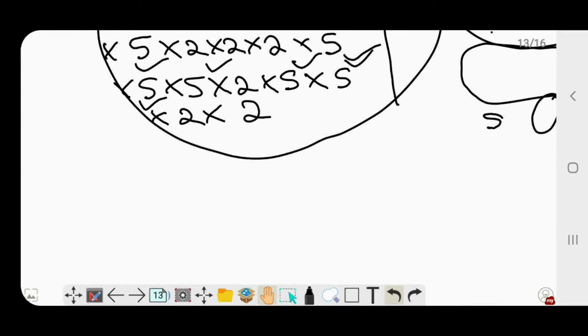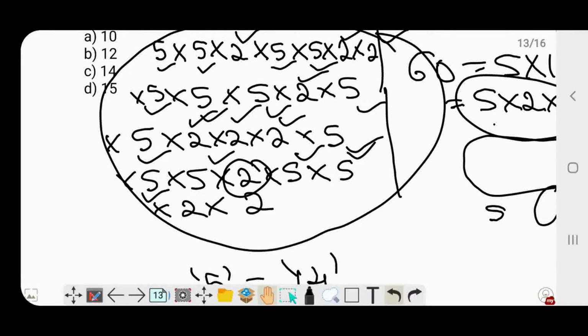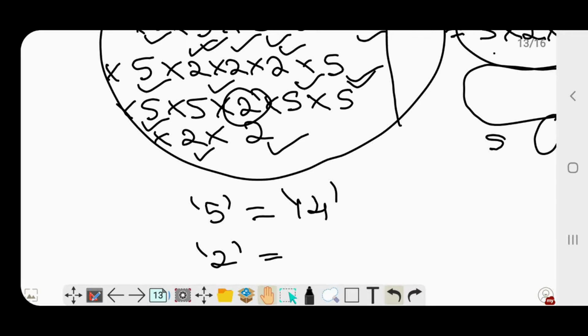So I get 5 14 times. 5 appears as a factor in the product 14 times. And 2 appears as a factor in the product how many times? So let's count it manually. It's 1 time, second time, third time, fourth time, fifth time, sixth, seventh, eighth time, 9 and 10. So 2 appears 10 times.